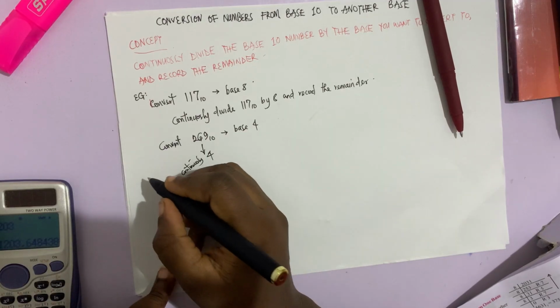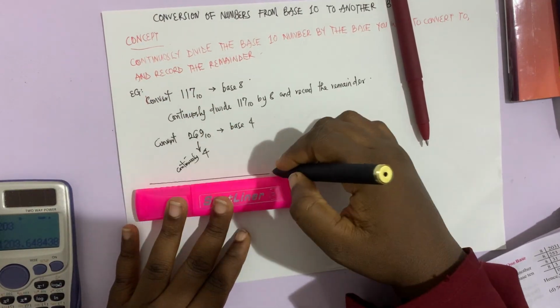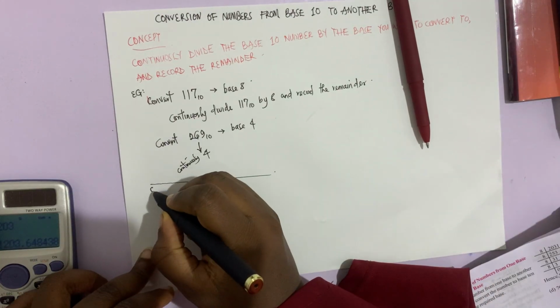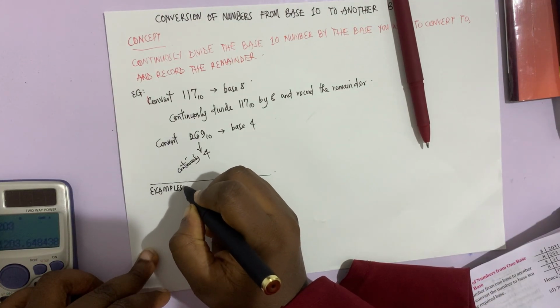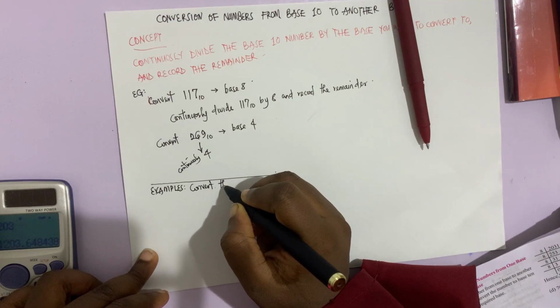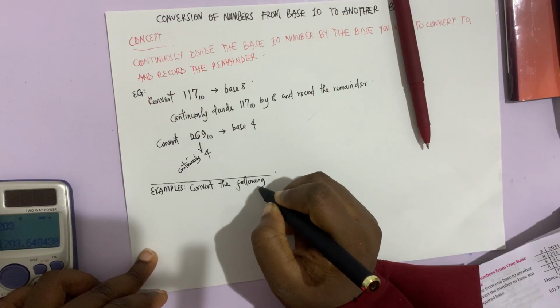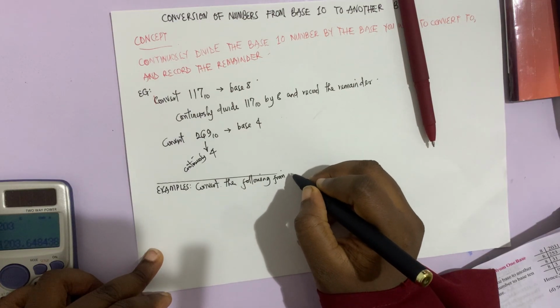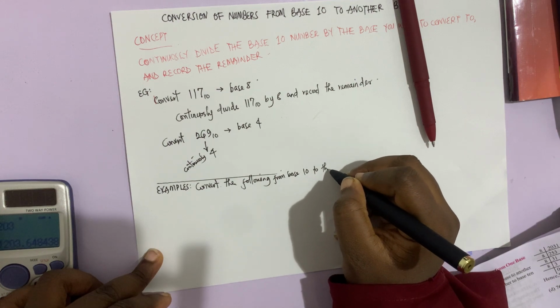So, let's take some examples. Convert the following from base 10 to the base indicated.